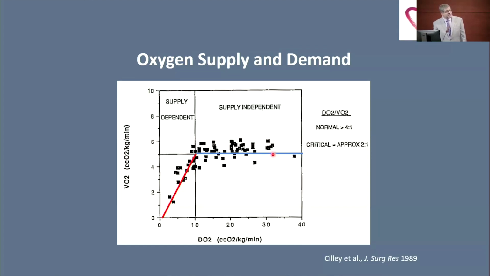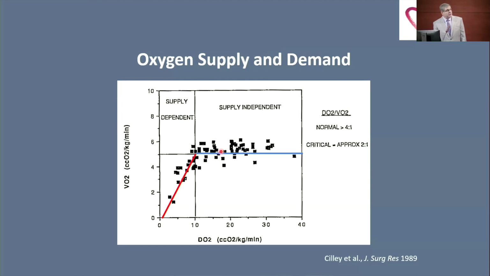But post-bypass, when the patient returns to the ICU, after a prolonged bypass run, you do expect decrease in their oxygen delivery overall. So you go left here on this line with decreasing of oxygen delivery. And as the oxygen delivery decreases, you're still supply independent, but your ratio between DO2 and VO2 goes down.